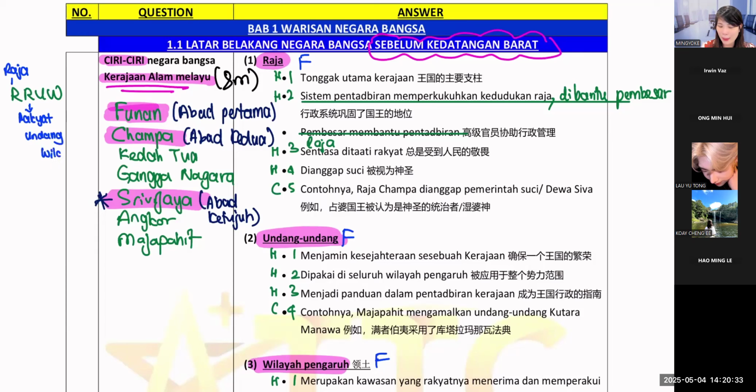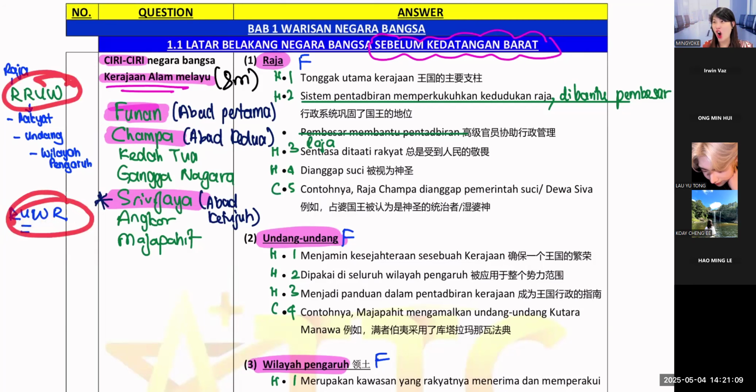Then we have Wilayah Pengaruh. Understand? 1, 2, 3. You can also put it as R, but it's U, not A. So it's Rakyat, Undang-Undang, Wilayah Pengaruh, and Raja. Or Raja, Undang-Undang, Wilayah Pengaruh, and Rakyat also can. You understand?